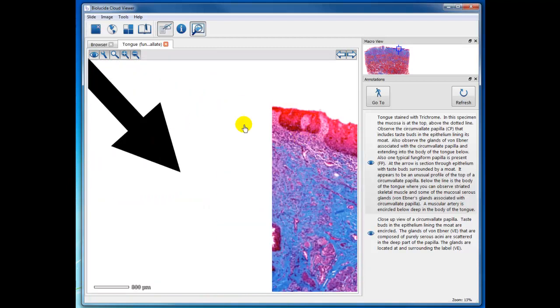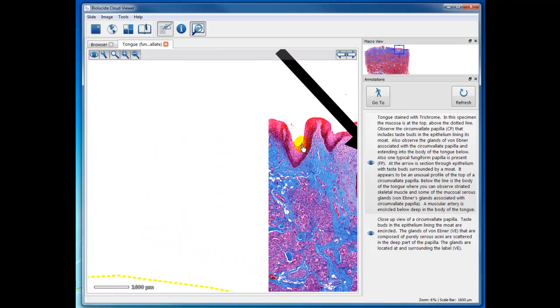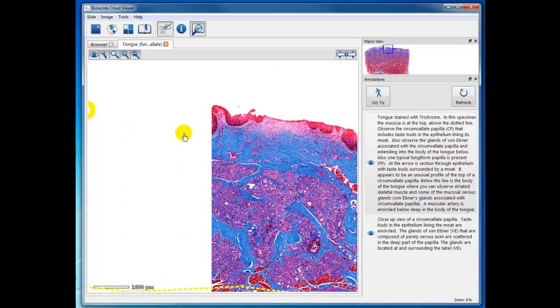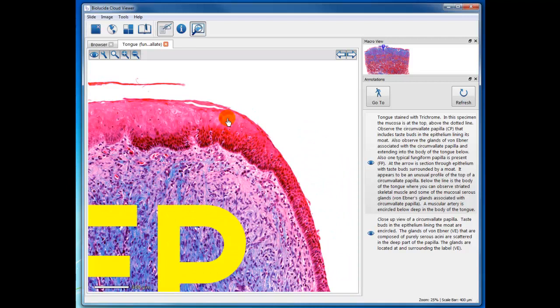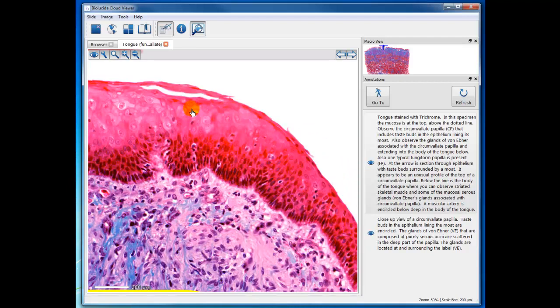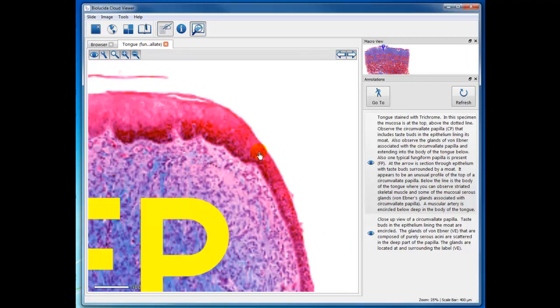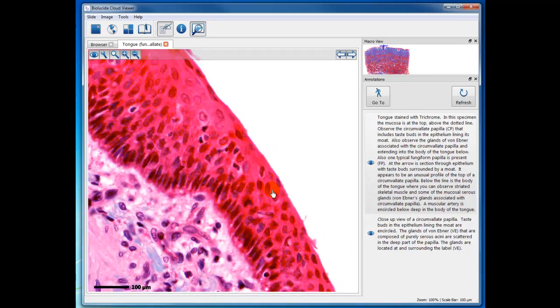But then the actual papilla of the tongue will have some keratin because they stick up and they're rubbed. Over here in the valleys of the circumvallate papilla, this is clearly stratified squamous non-keratinized epithelium.